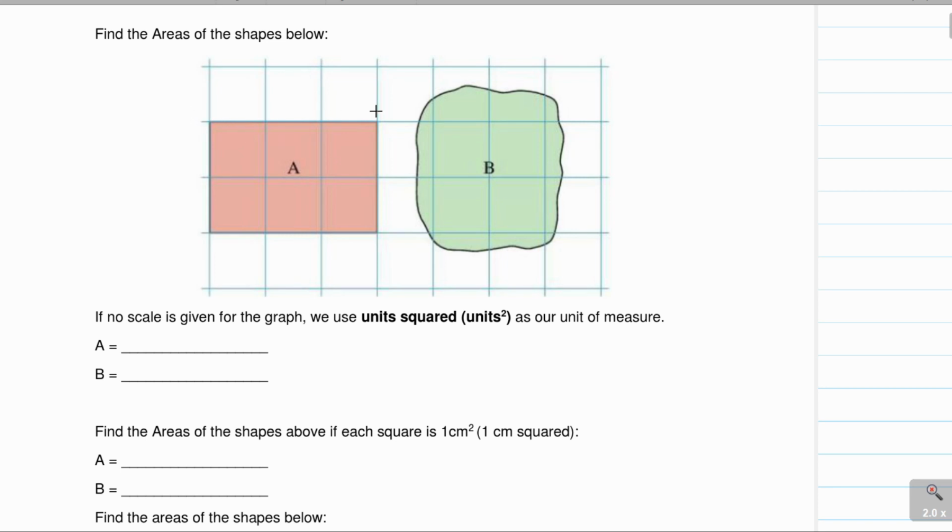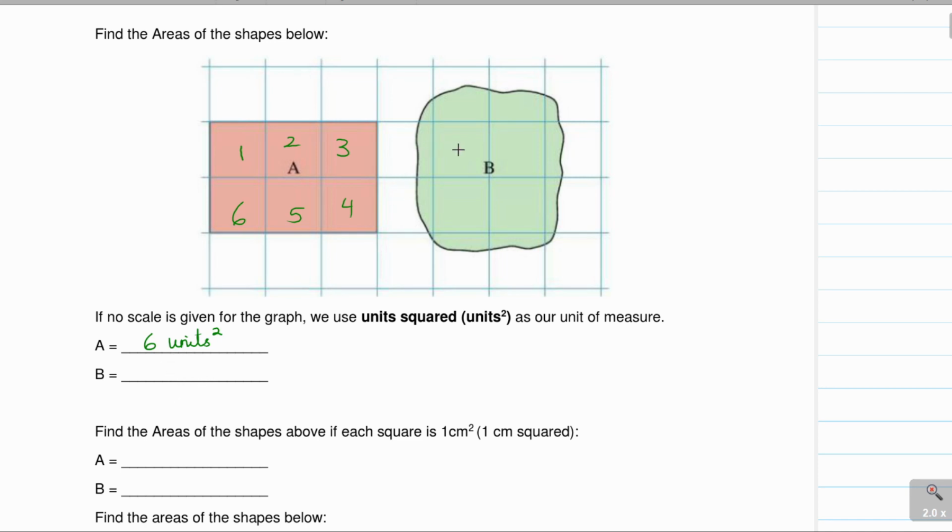And if it's a regular shape like a rectangle or a square, it's easy to count a whole number of little squares. So here we have 1, 2, 3, 4, 5, 6 little squares that make up the area of this shape. So we would write that as 6 units squared. Okay, so you could put that little superscript up there.